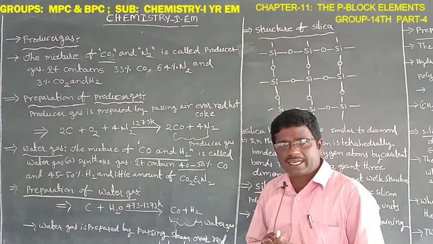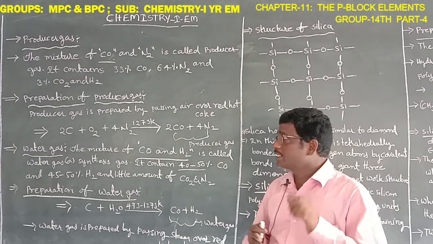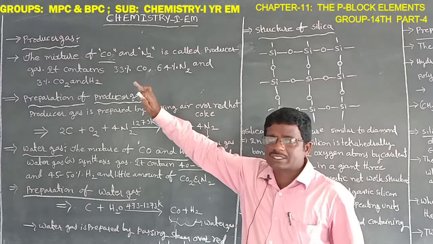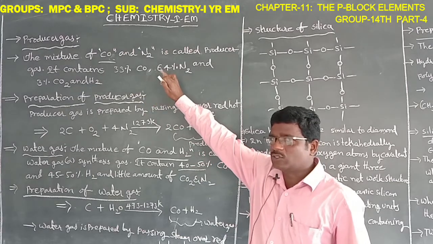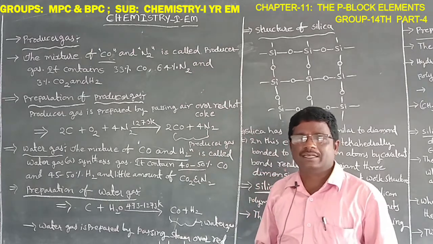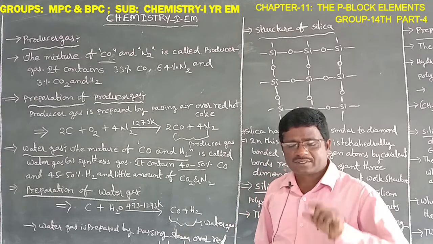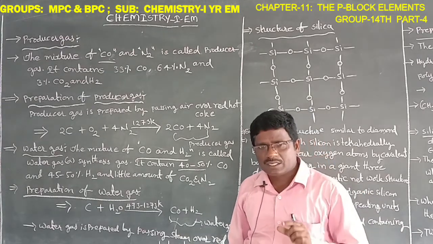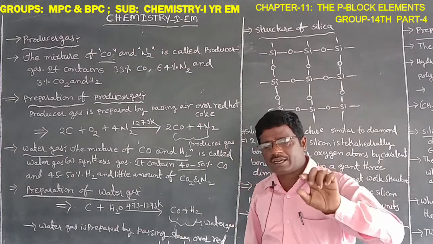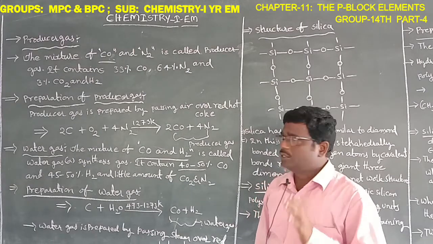What is producer gas? The mixture of carbon monoxide, also known as CO, and dinitrogen, N2, is called producer gas.